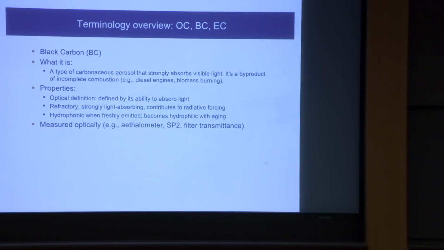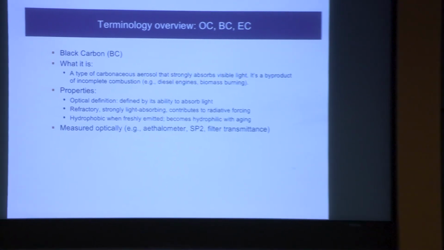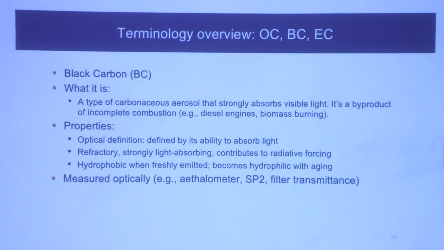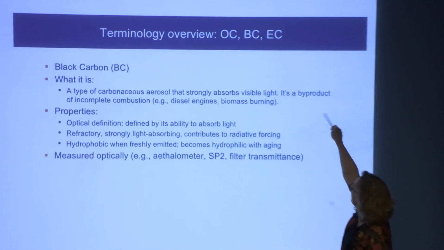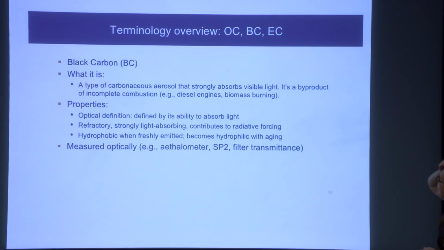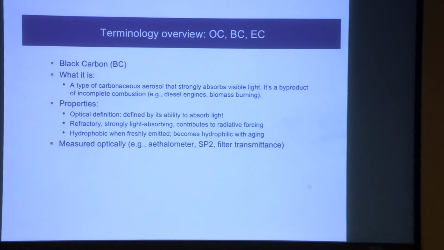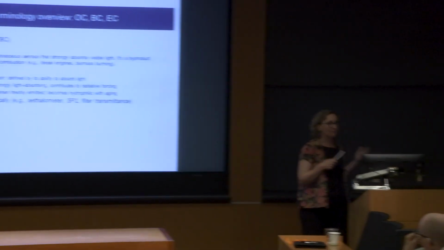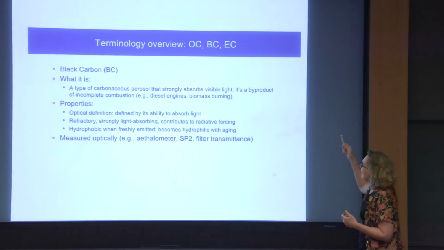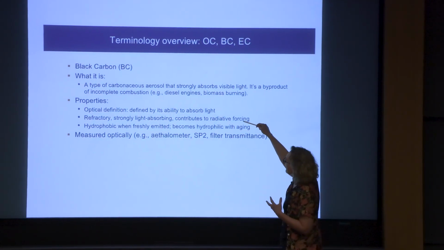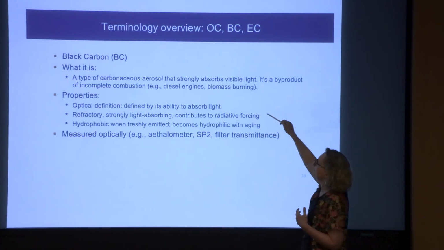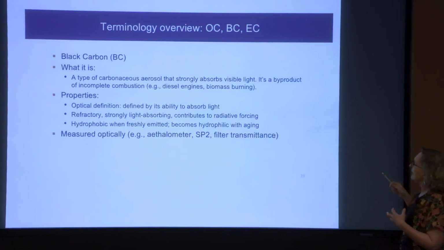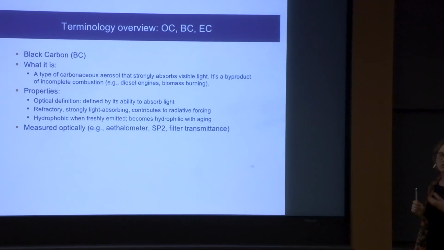Now, black carbon. That is also a byproduct of incomplete combustion. It is the portion that strongly absorbs visible light, which is why it's called black, because it's black. It's somewhat operationally defined, by its ability to absorb light.